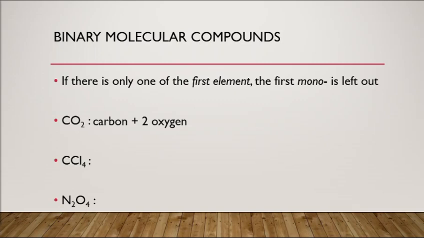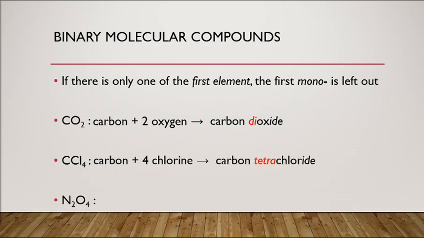We're going to mark out the "ygen" from our oxygen and replace it with "ide" to end up with carbon dioxide. For the second one, we are looking at carbon with 4 chlorines. Again, since we're dealing with only one carbon, because it's the first element listed, we're going to omit the term mono. We're going to replace that 4 with tetra, drop the "ine," and add an "ide" to chlorine. So you end up with carbon tetrachloride.